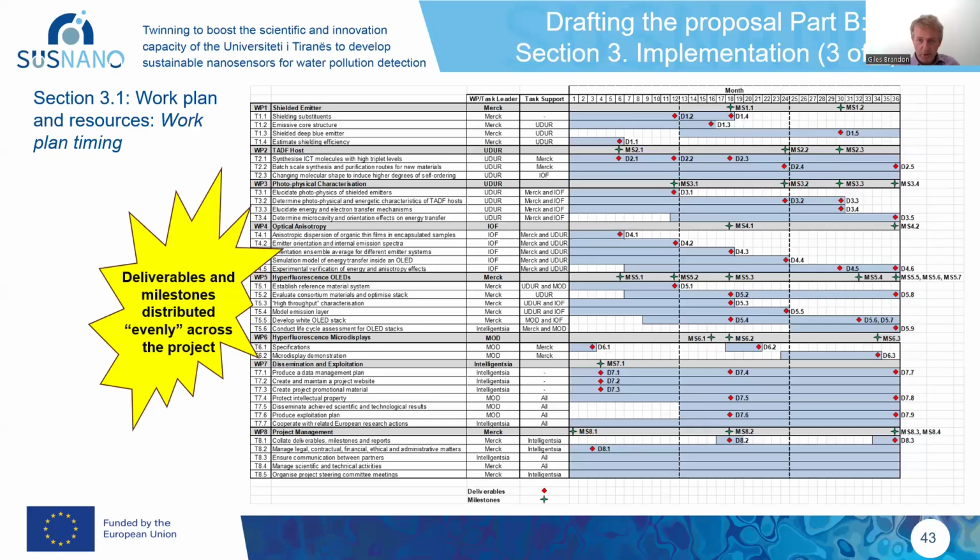So these milestones are also shown in the figure. Looking at the yellow star on the left, it says deliverables and milestones distributed evenly across the project. So I mentioned that comment for an individual work package, but it applies, of course, to all the work packages, the entire project.